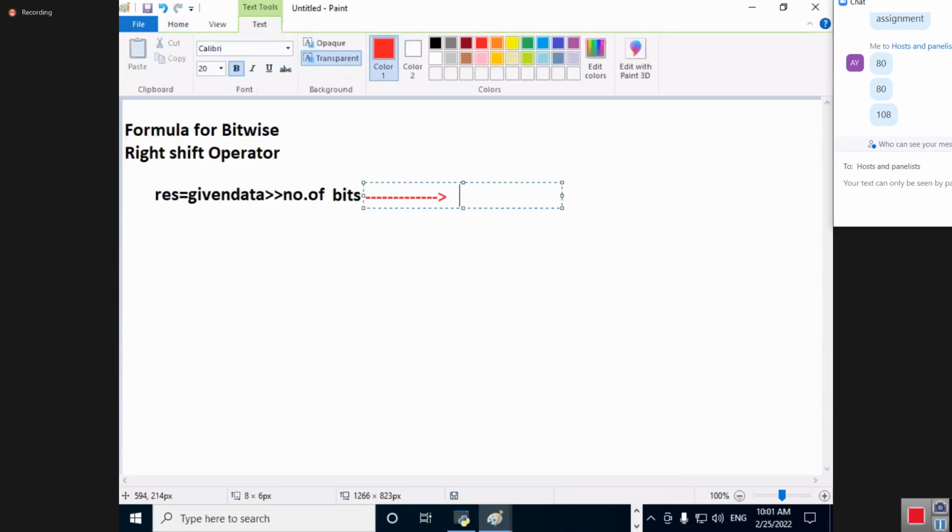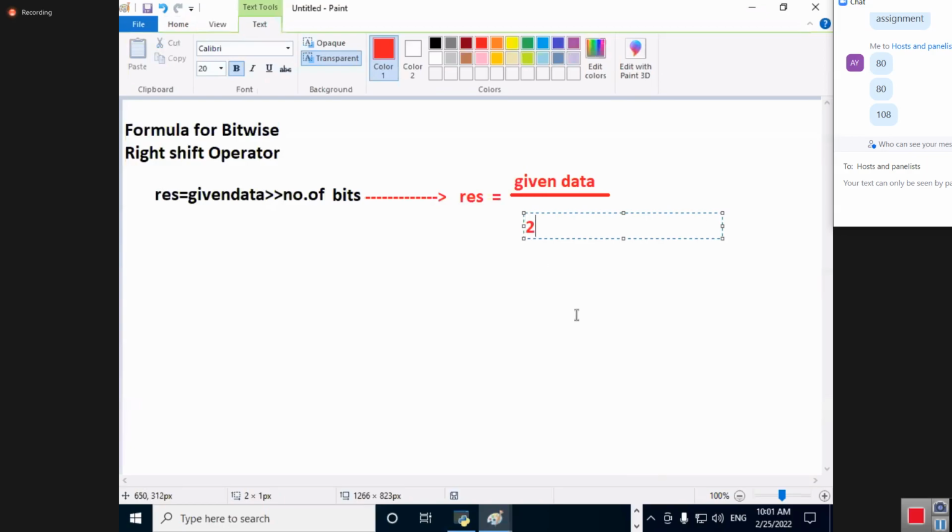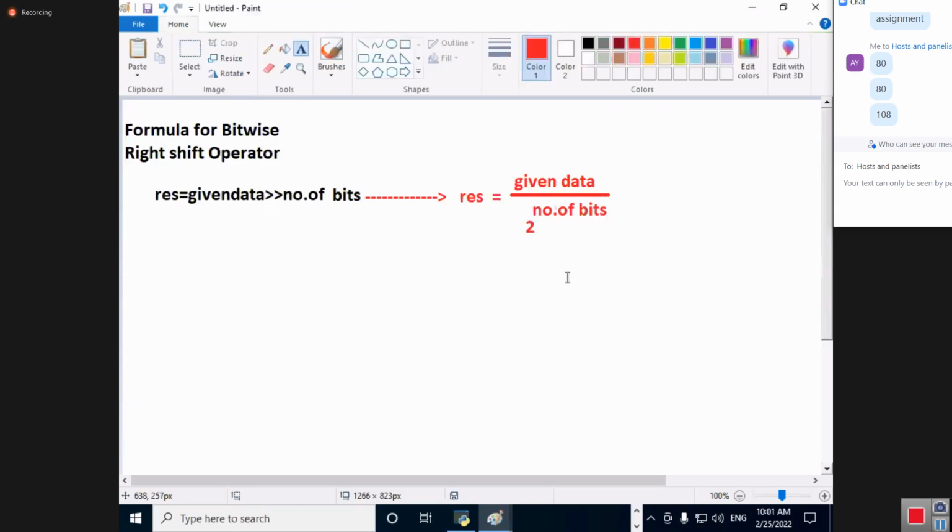That means the formula: RES is equal to the given data divided by 2 to the power of number of bits. 2 to the power of number of bits.